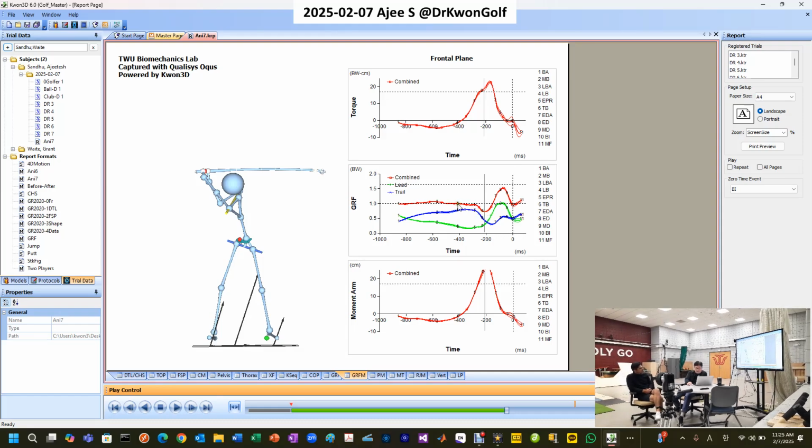So the total unweighting comes from the end of upward motion and the beginning of downward motion. When the upward motion and downward motion are well connected, then you have a continuous unweighting. But here, up to this point, almost no unweighting. And once your pelvis completes the rotation, then you try to unweight intentionally here.